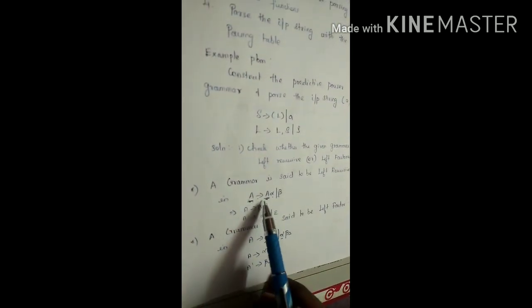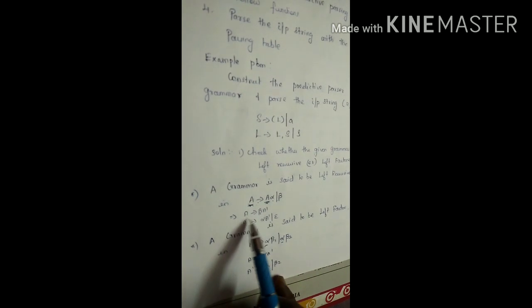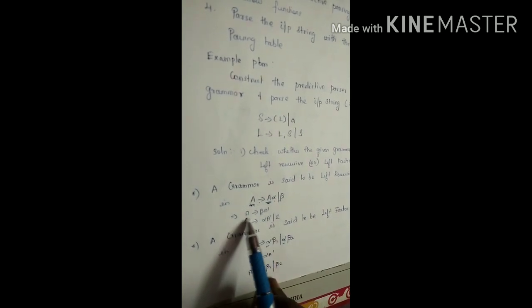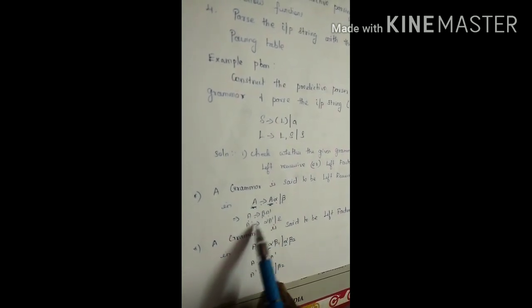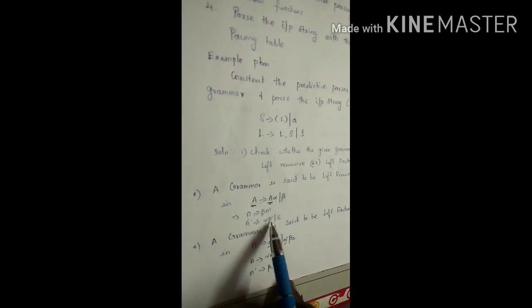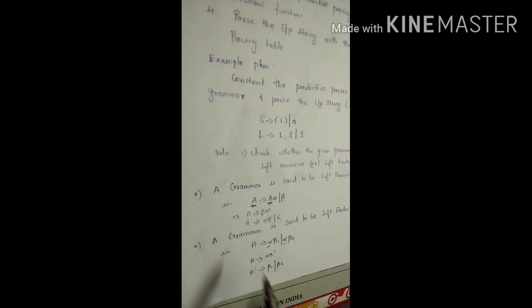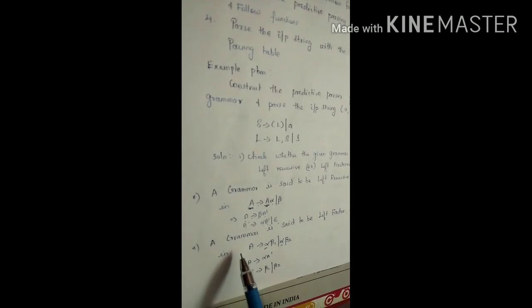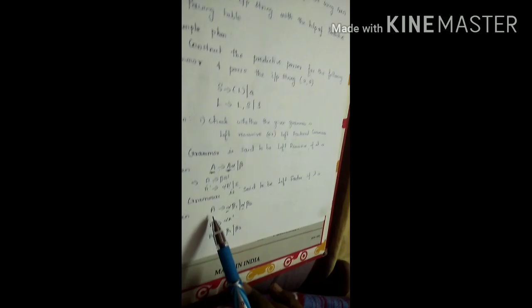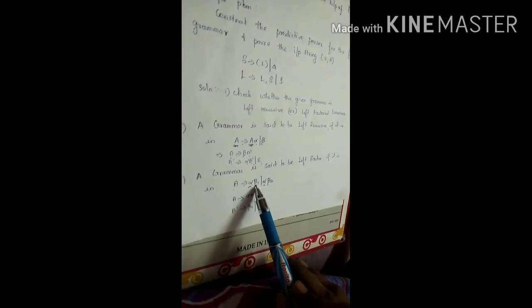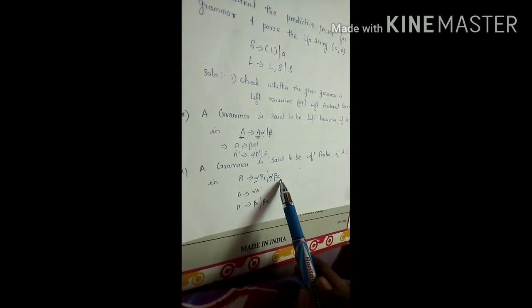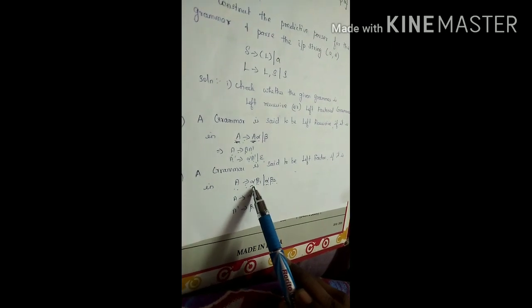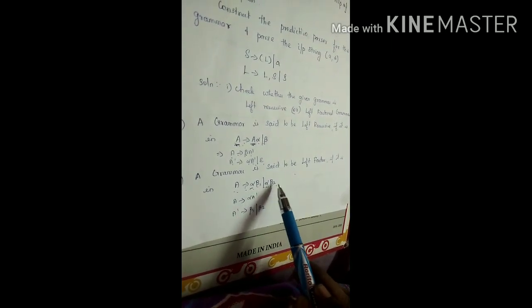We can eliminate this left recursion by rewriting the production as A → βA', A' → αA' | ε. The second thing is left factored grammar. A grammar is said to be left factored if it is in the form A → αβ1 | αβ2.